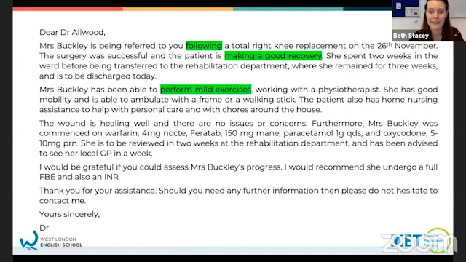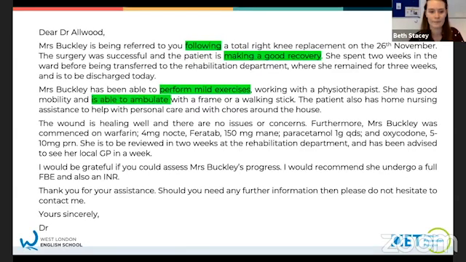Perform exercises is maybe slightly higher level language than doing exercises. If we say has been able to do mild exercises, it just doesn't sound as good. Is able to ambulate. So yeah, I would write that down. Okay, instead of can walk, is able to ambulate just sounds better.